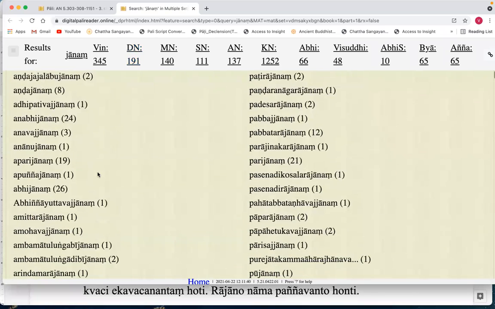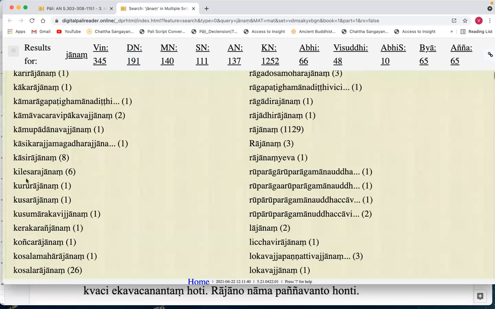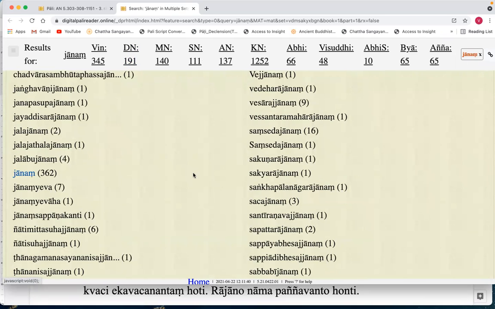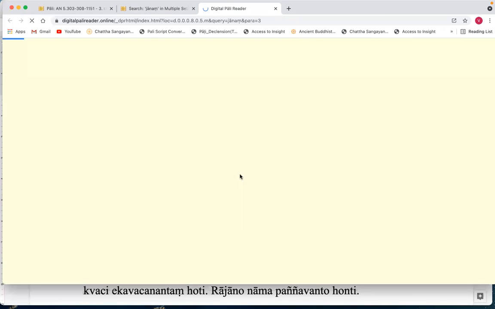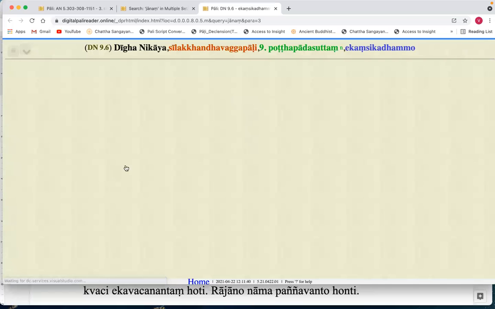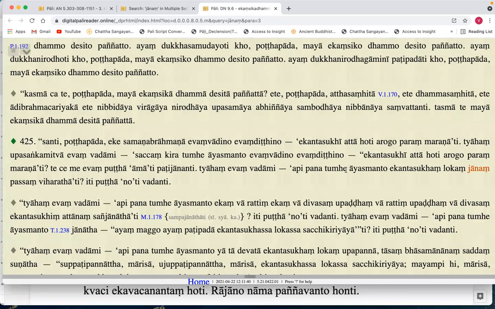So Jana. Only Jana. So Digha Nikaya, 177. Jana Basan viharata. This is the Brahmajala Sutta, here. Abhinu dome ayasamando ekanta sukham lokam, Janam Basan viharata, not a stanza. So it is vacana vipallasa. No stanza.